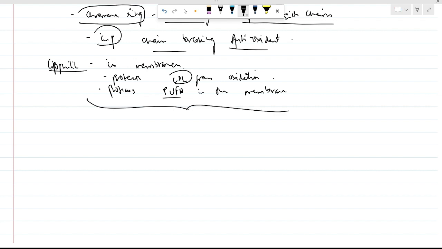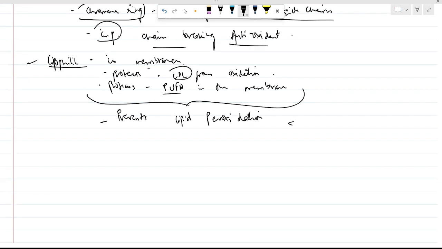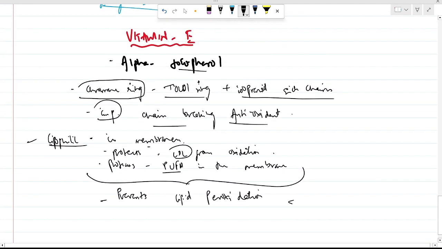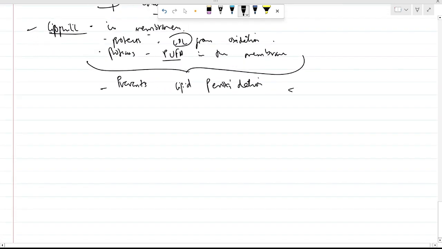All these put together, it prevents lipid peroxidation. It's a lipophilic compound in the membranes, protecting LDL and PUFA. So these are some of the very important antioxidant functions.